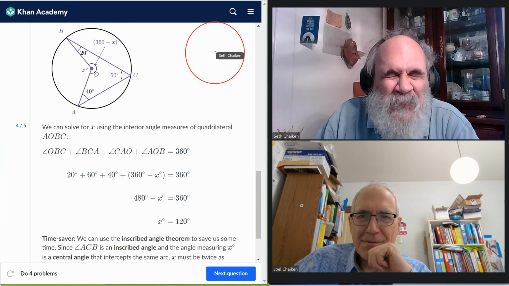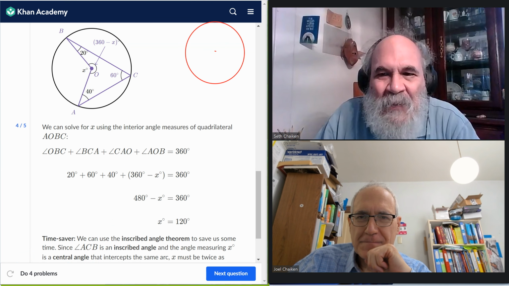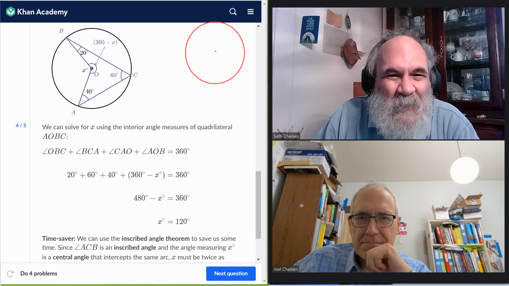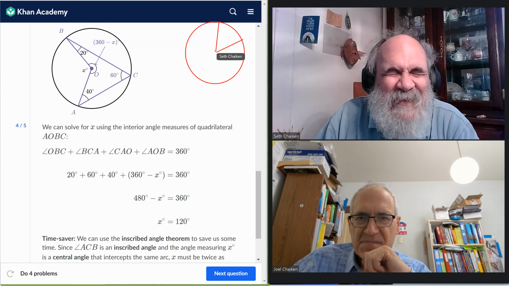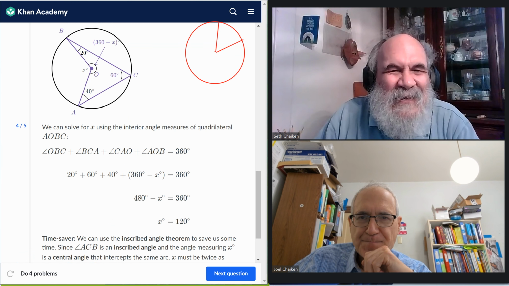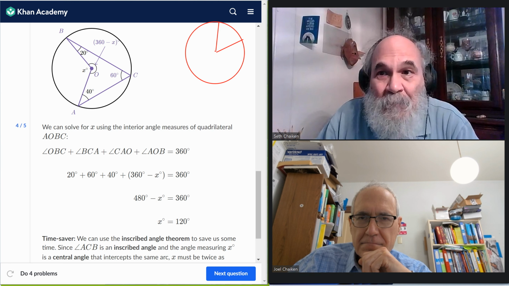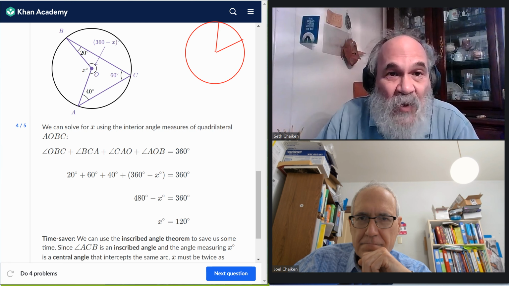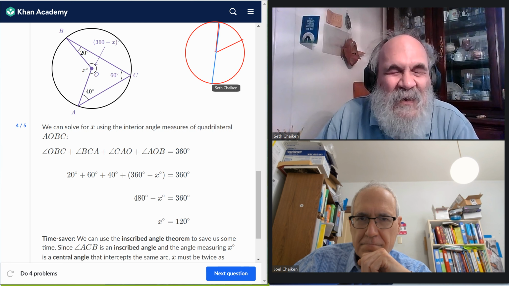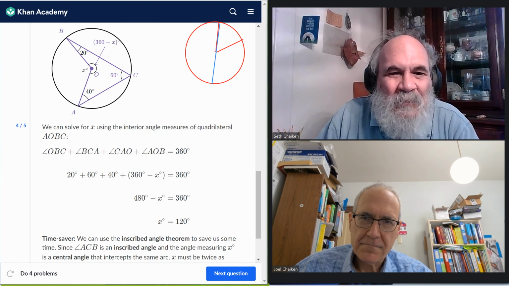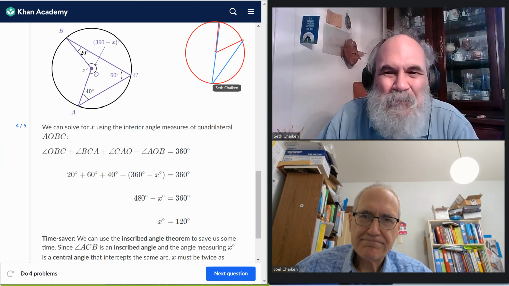Here's your setup. You have a central angle, and then you form an inscribed angle like this, one of the inscribed angles for the same arc, the one in blue.